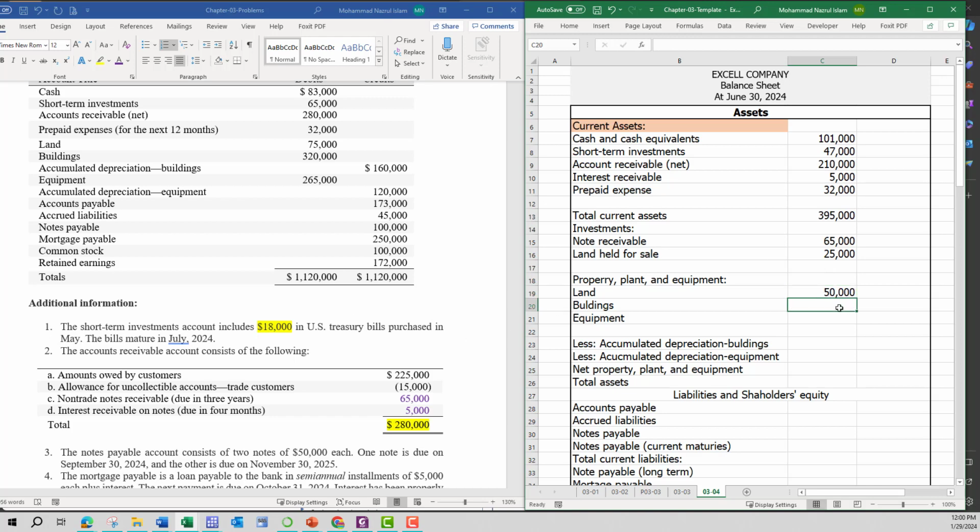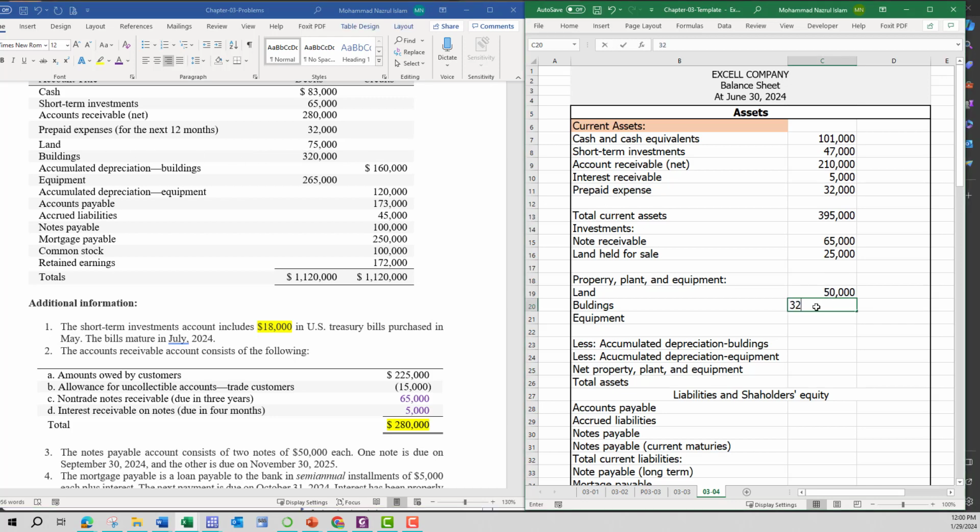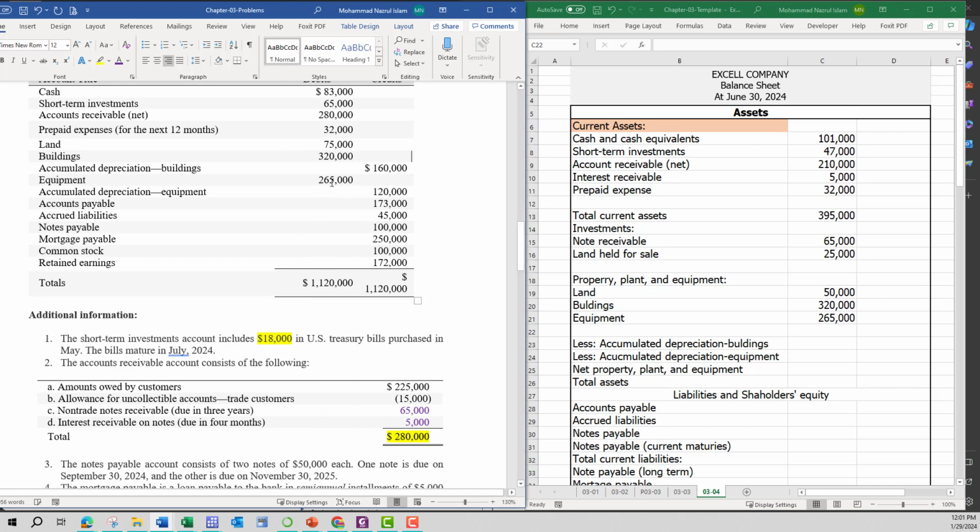And the buildings are given as 320,000. And equipment is 265,000. Sorry, it is 65,000.